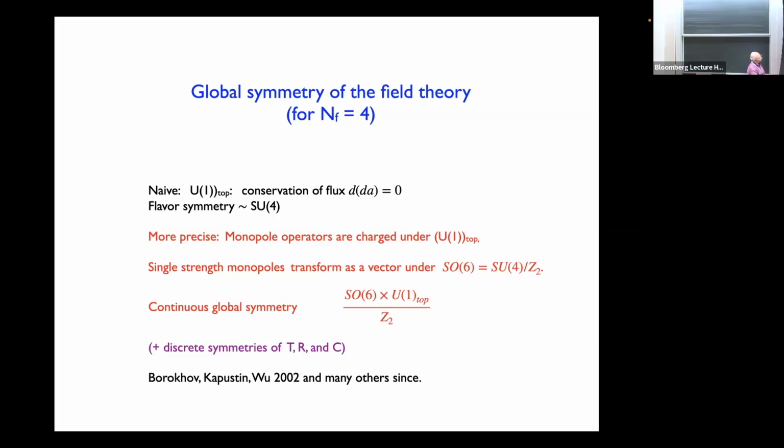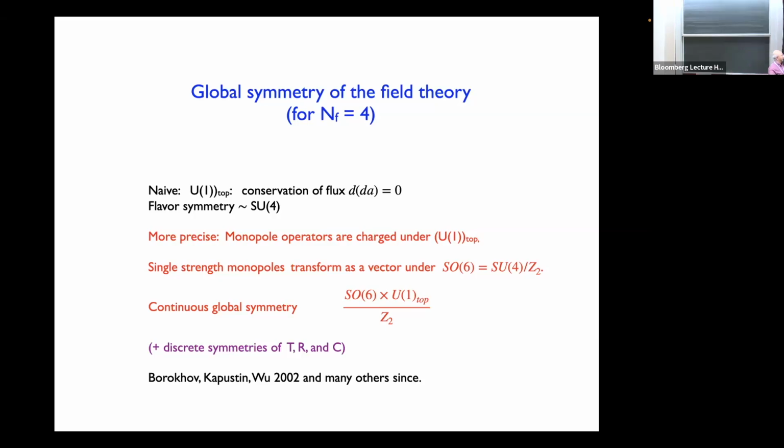If you look at the monopole operators, they are charged under this U1 topological symmetry. They insert 2π flux, so they change the value of this flux, so they're the charged operators under this U1 topological. Now, there are these 6 monopoles that come from filling 2 out of 4 fermion zero modes.